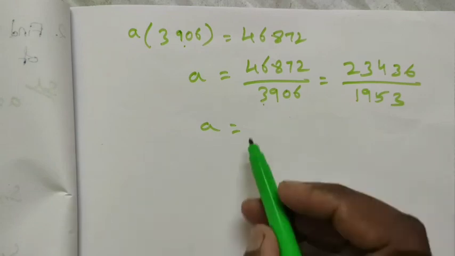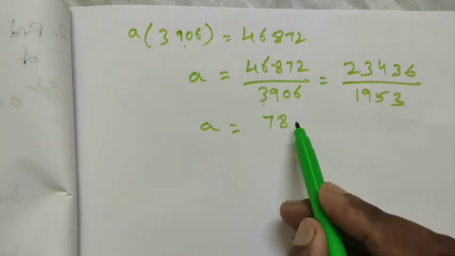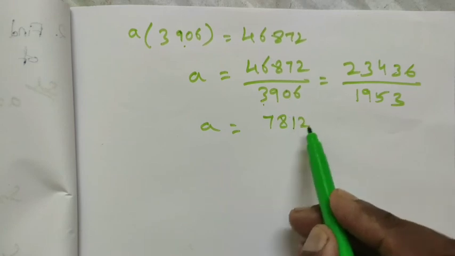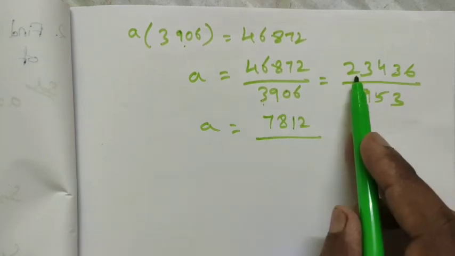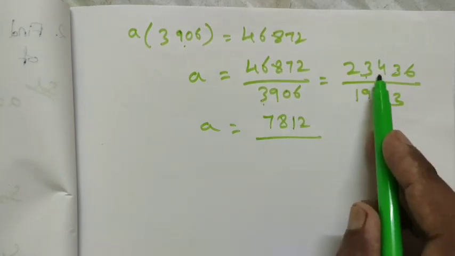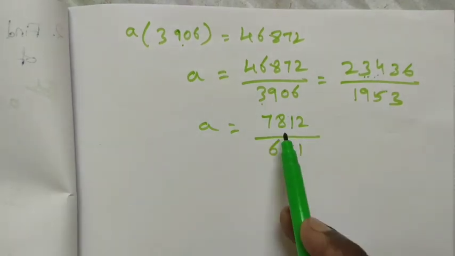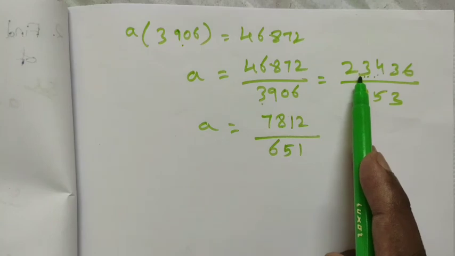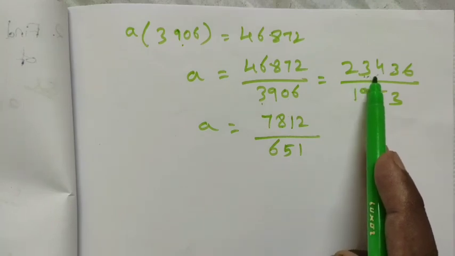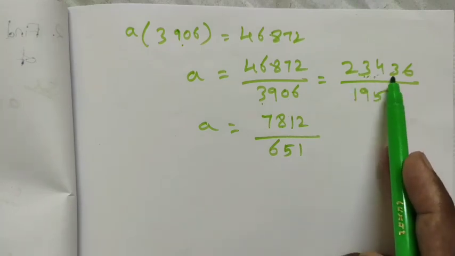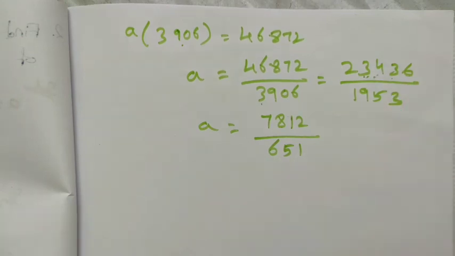Again divide by 3, and then again by 3, we get 7812 over 651. Again we have to divide this.